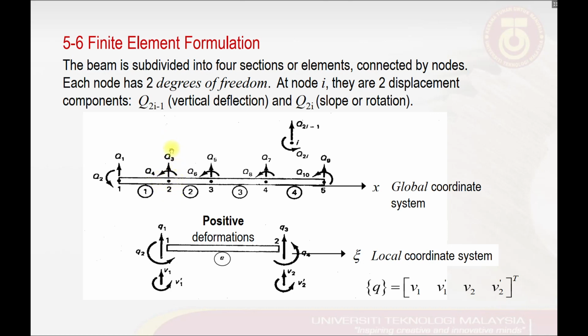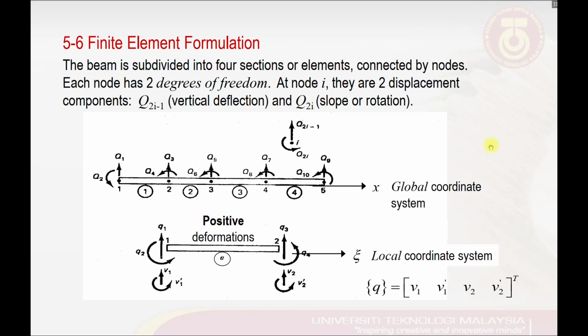So if I consider element number 1 here, which is connected with node number 1 and node number 2, then for one element we have 4 degrees of freedom. Again, at one particular nodal point we have 2 degrees of freedom, in the form of deformation and rotation, but for one element we have 4 degrees of freedom, which is 2 deformations and 2 rotations.